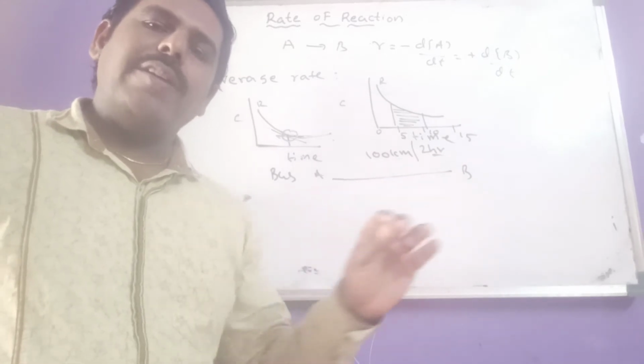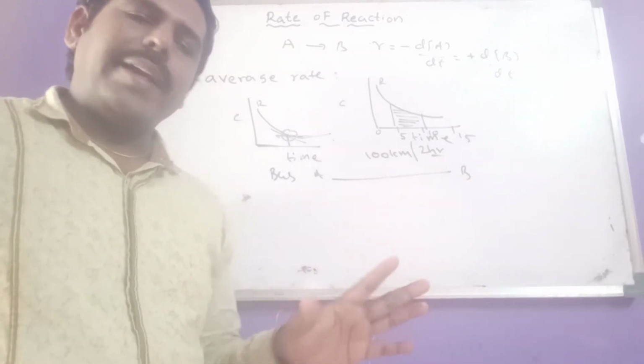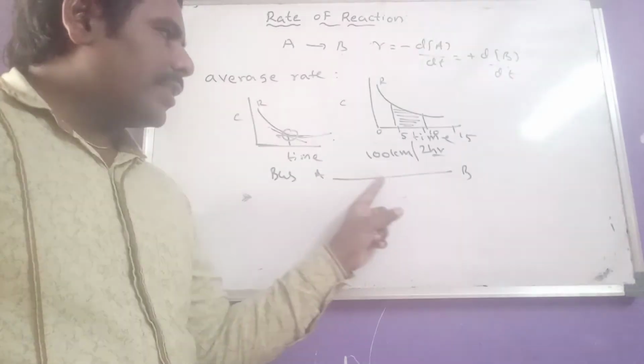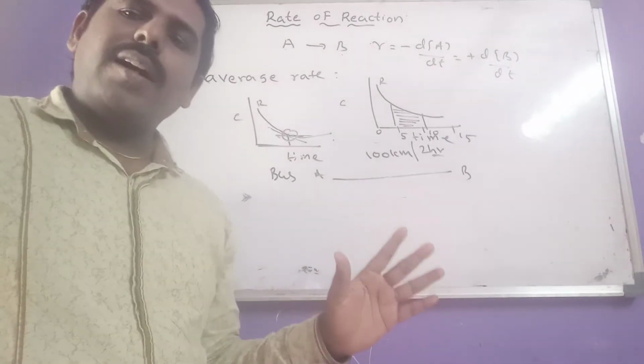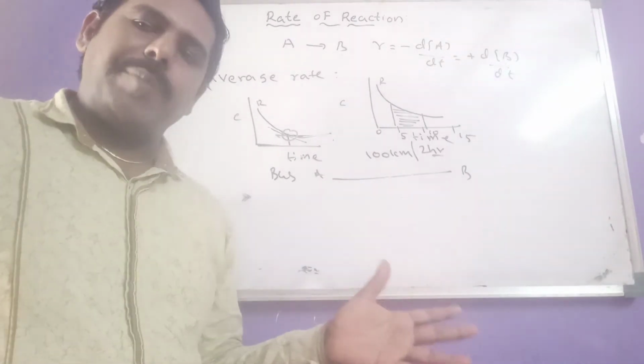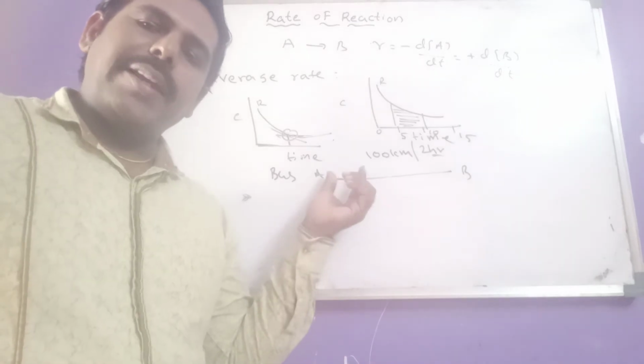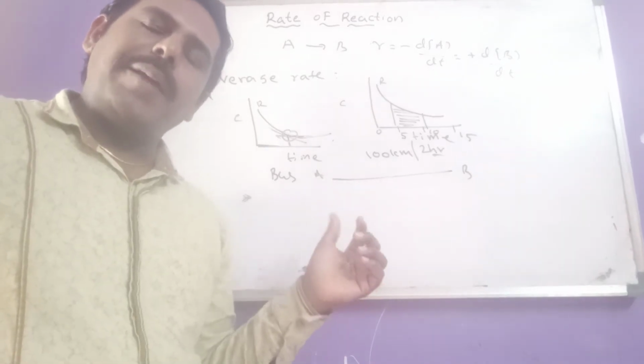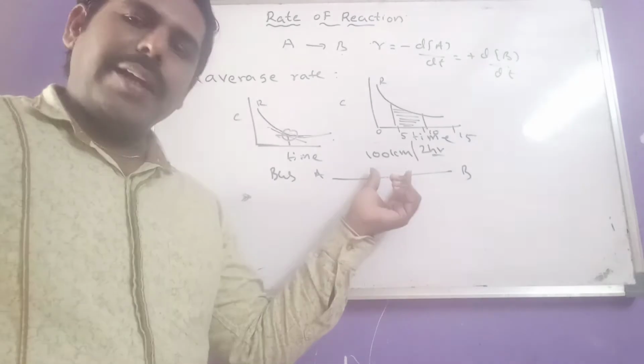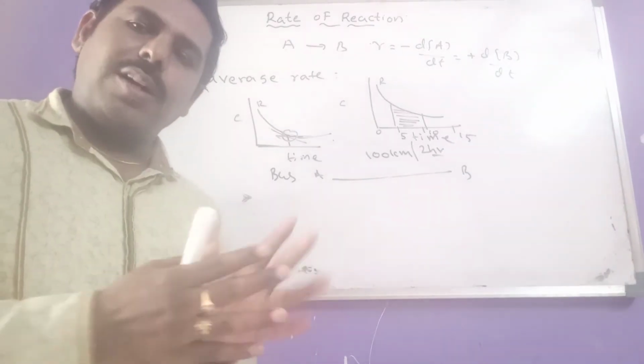That is the average speed. That means at every instant the bus may not have 50 kilometer speed, because in some areas speed breakers may be there, in some areas traffic may be jammed.